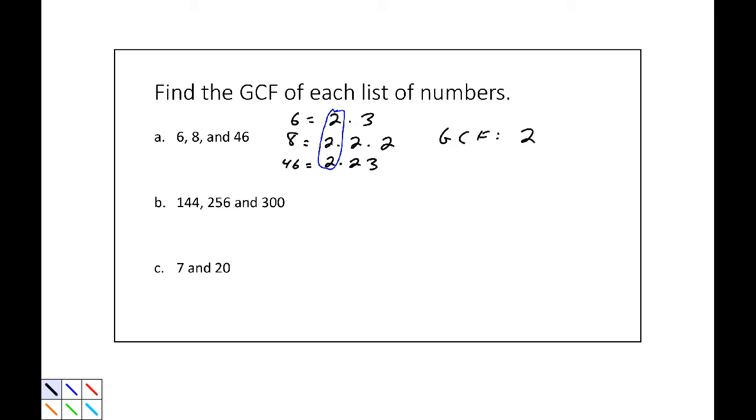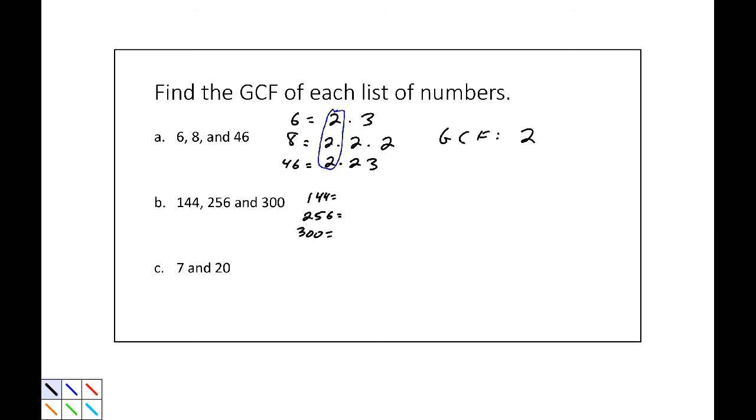Part B, we have a little more complicated with bigger numbers. Find the GCF of 144, 256, and 300. All right, well, for these, I want to write factor trees for each one of these.